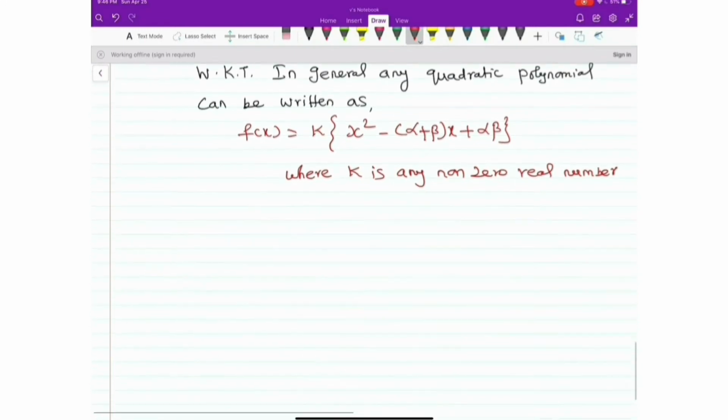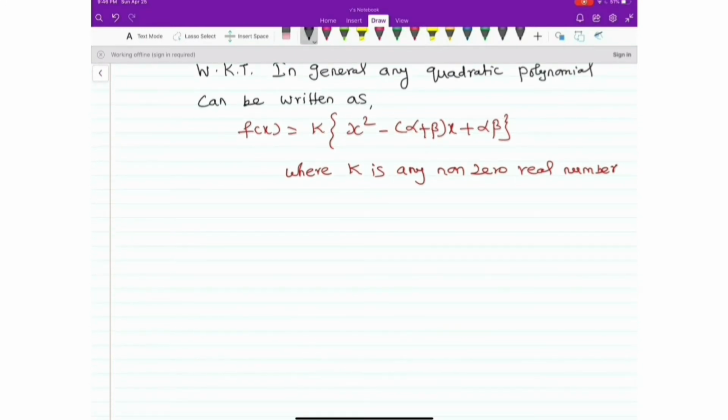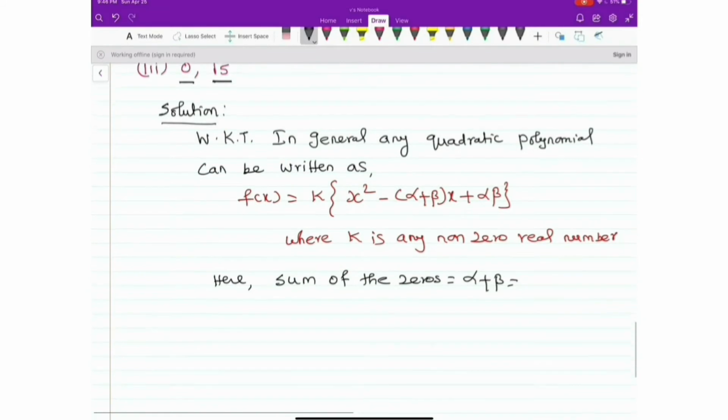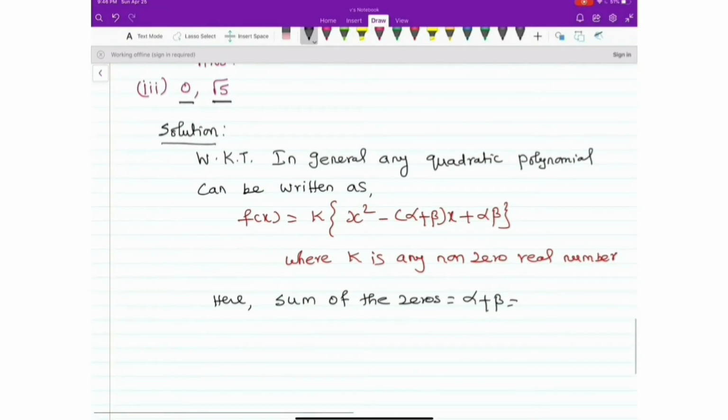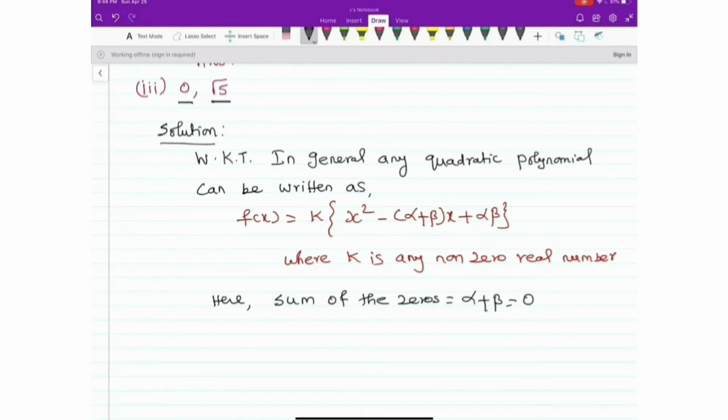Okay. In the question, what is given? Here, sum of the zeros is equal to alpha plus beta is equal to 0. Then, product of the zeros is equal to alpha beta is equal to root 5.